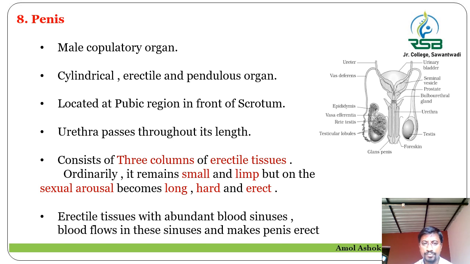The penis consists of three columns of erectile tissues. Ordinarily, the penis is a small and limp structure, but at the time of sexual intercourse or arousal, that small and limp structure converts into a long, hard and erect structure due to the presence of erectile tissues which are abundant with blood sinuses.